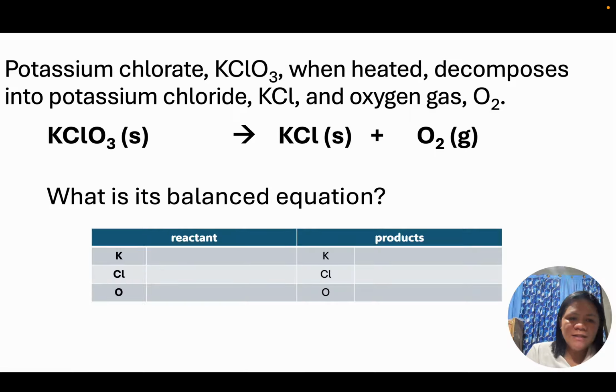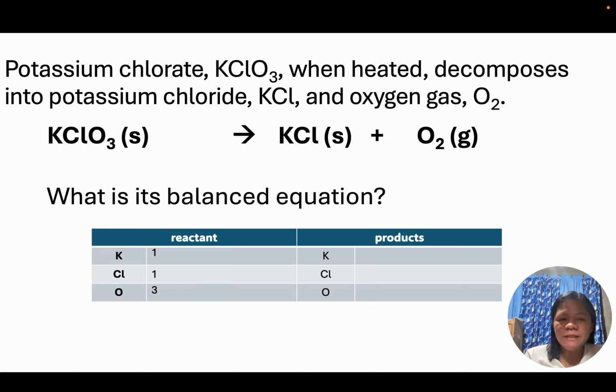On the reactant side, we have potassium, chlorine, and oxygen. As you can see, based on part 3 of our chemical reaction lessons, the first thing we do is list down the number of atoms of each element. For potassium, we have 1, chlorine 1, oxygen 3.